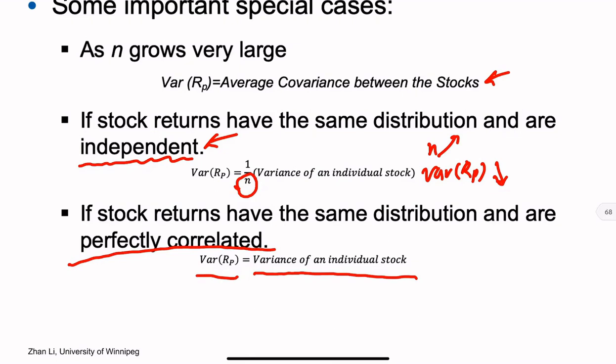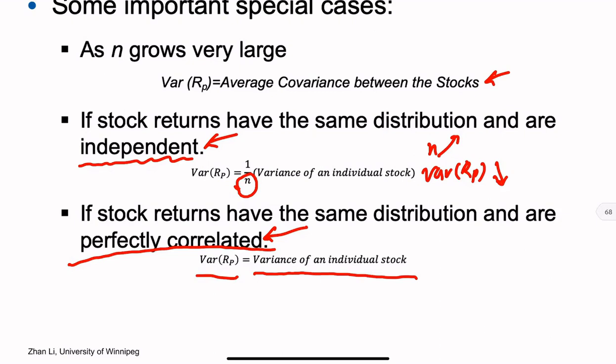And now, this case, perfect correlation. It means that if one stock is doing great, all stocks are doing great. If one stock is having a bad day, then this implies all stocks are having a bad day.